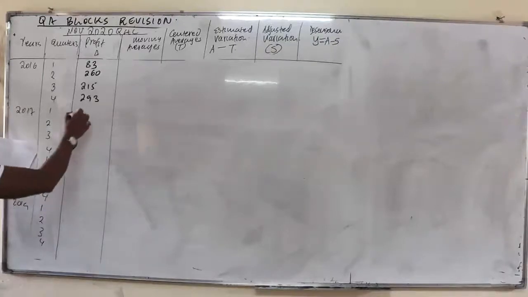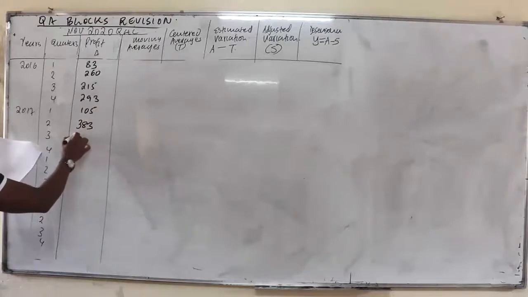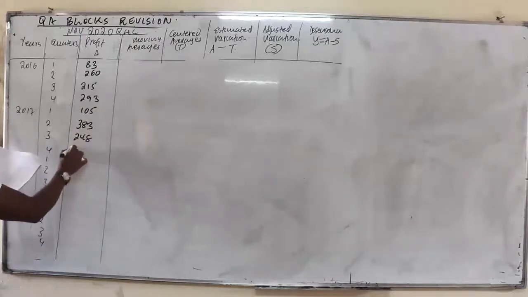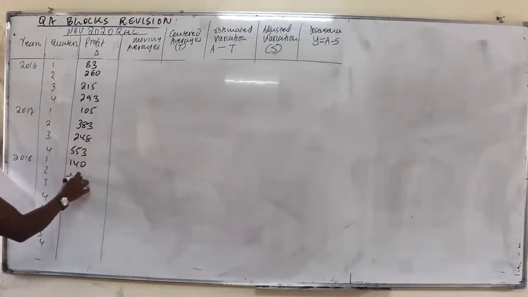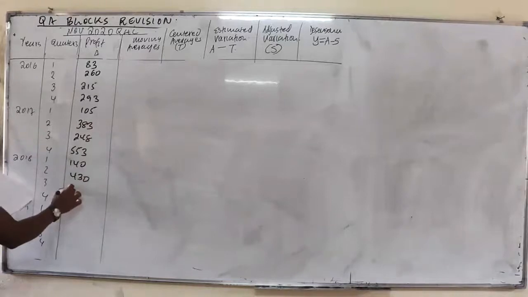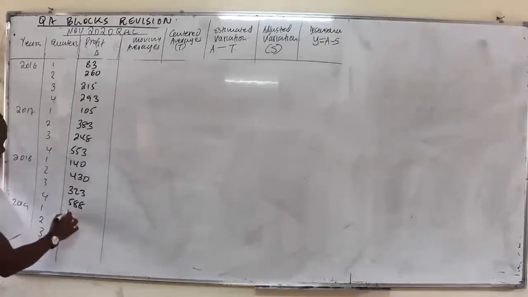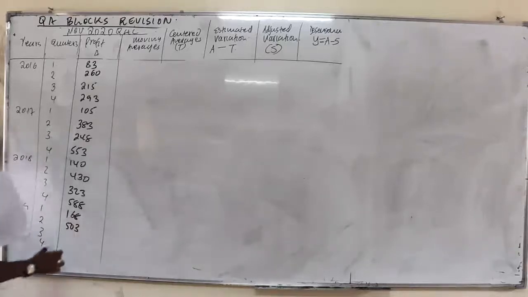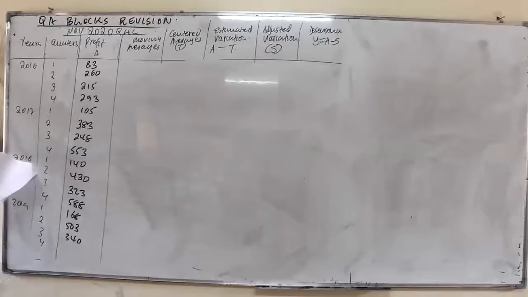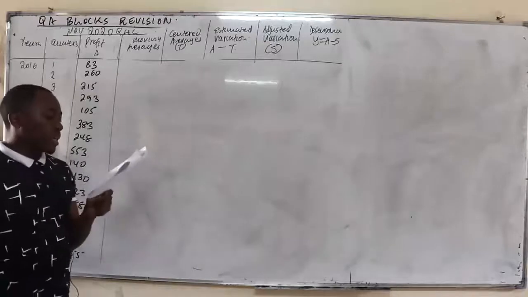Then quarter 1, 105, 383, 248, 553, 140, 430, 323. So we have 588, 168, 543, 340. We have 755. Then we are required to get 3 moving averages.